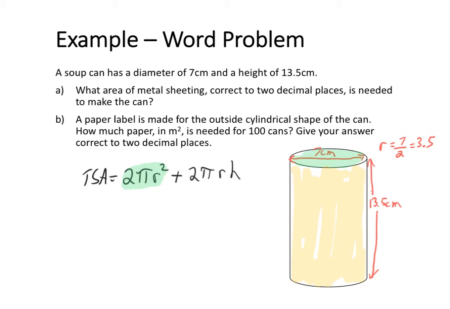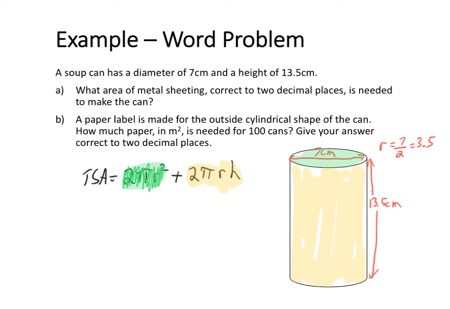To answer part B of the question, we don't need the top and the bottom, we only need the sides. So we can get rid of that from our formula, and that leaves us with 2 times pi times radius times height, which will give us the area of the side of the can, which is what we're looking for to answer this question.